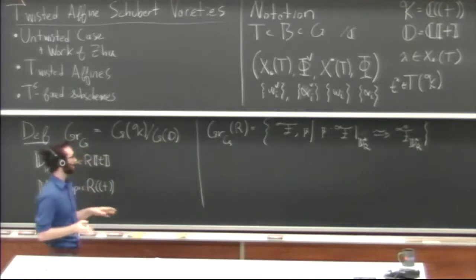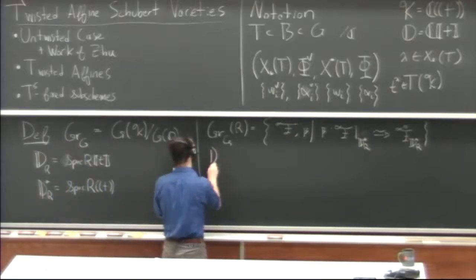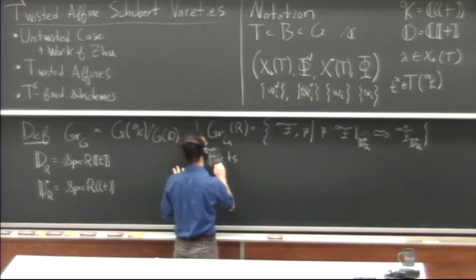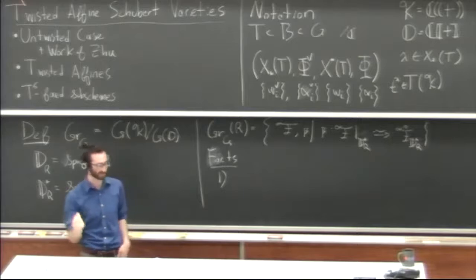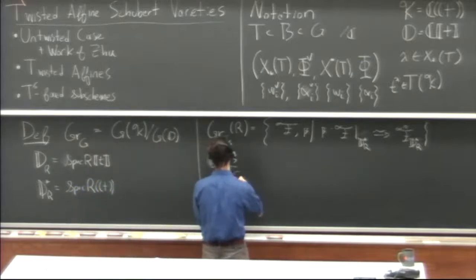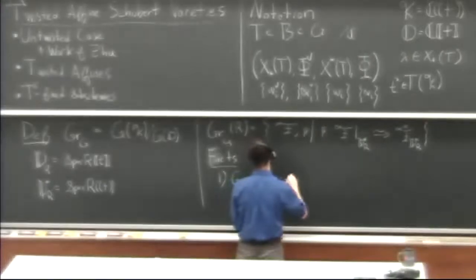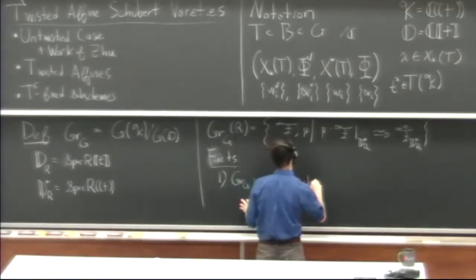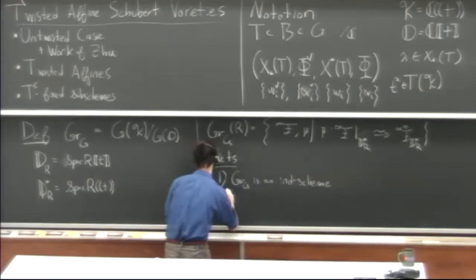Okay, so I'm now going to come out with a bunch of facts. The first is that the affine Grassmannian is an ind-scheme.